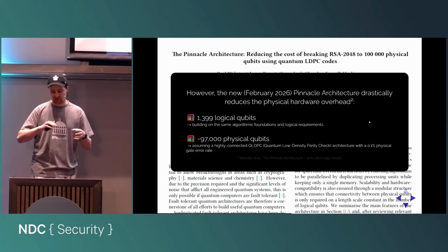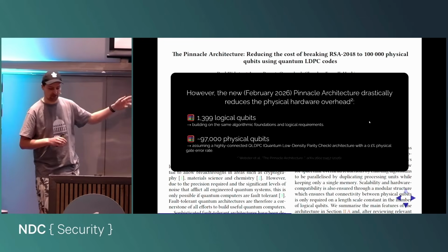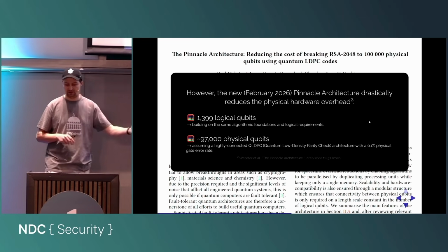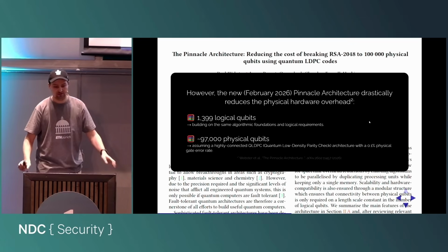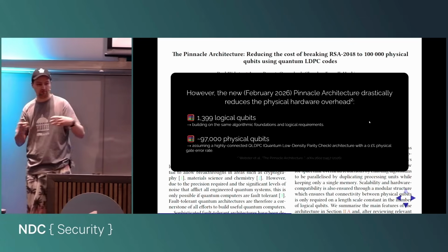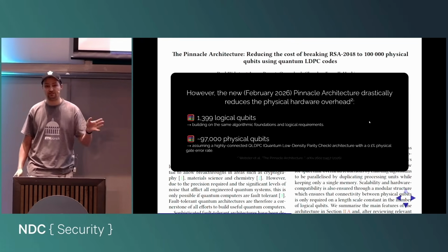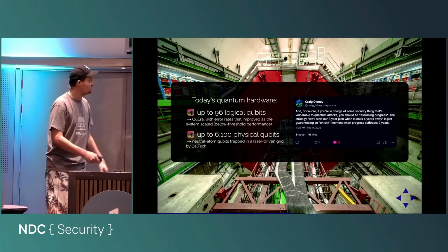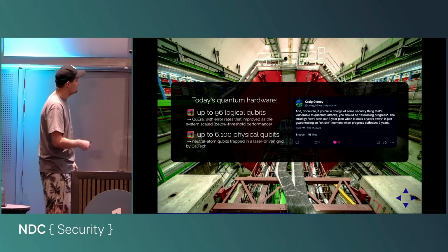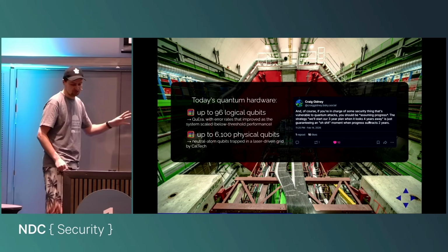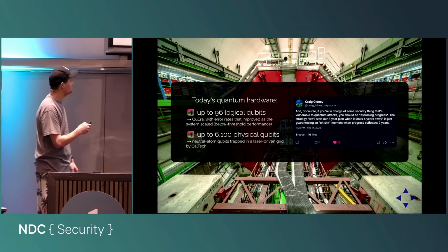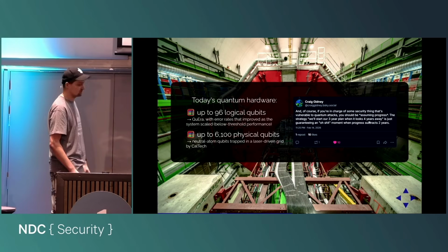Plus, the count of qubits is just one aspect. The other is the error levels, the so-called coherence time, the fidelity, the connectivity between qubits, and so on. But for the sake of not stalling any further, this is where we are today. At best, we can say we are up to about 100 logical qubits and up to low thousands of physical qubits.